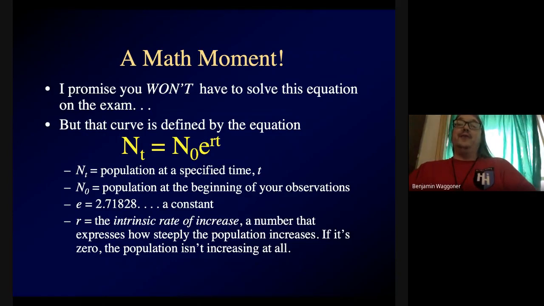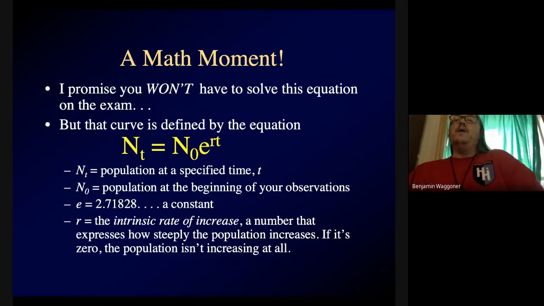That's a constant, to the power of the intrinsic rate of increase multiplied by time. That r right there is called the intrinsic rate of increase, and it expresses how steeply the population is increasing. If it's 0, the population is not increasing at all.